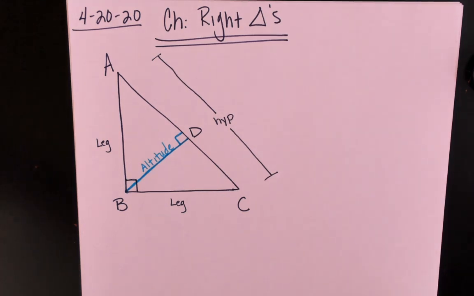All right, they're all right triangles. So what else do we think we know about them? They are all right triangles. What is their relationship to each other besides that they're right triangles?